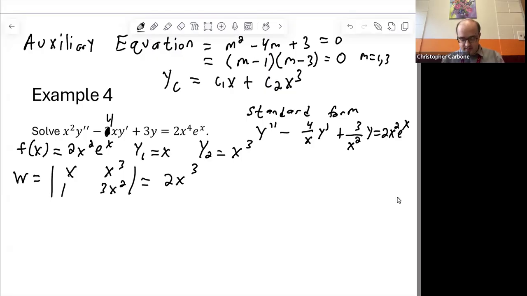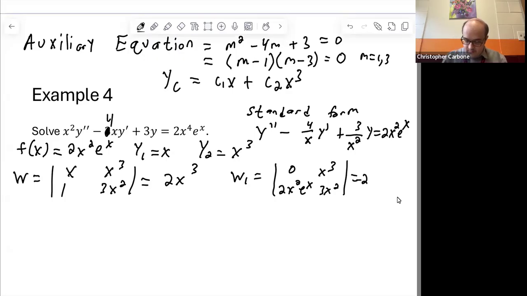For w sub 1, this would be 0, x cubed, 2x squared e to the x, and 3x squared. Calculating this determinant gives us negative 2 times x to the 5th times e to the x.